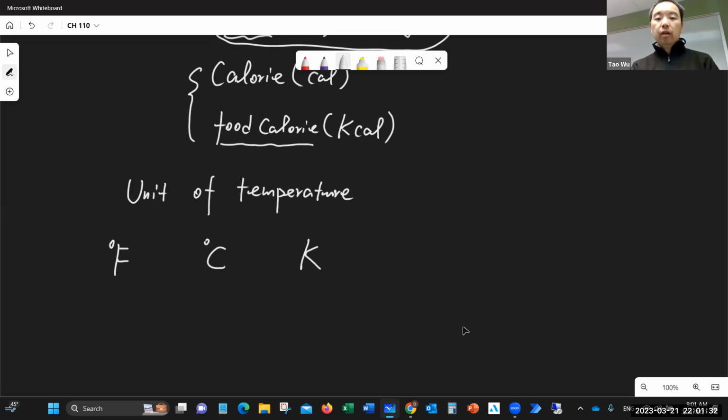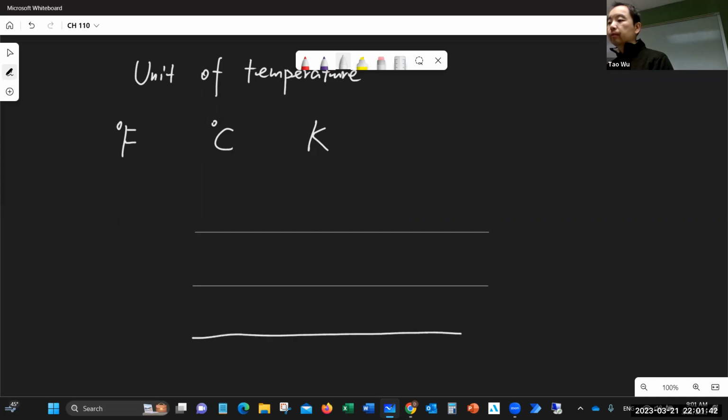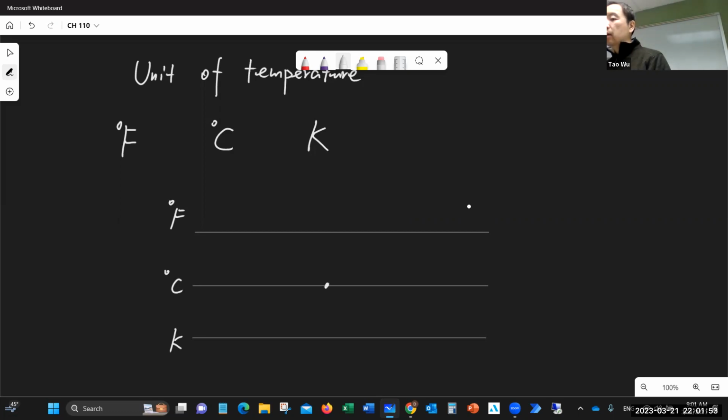If you're talking about the conversion, let me just draw three lines, then you will probably know it. This one is Fahrenheit, Celsius, and Kelvin over here. Let's first see Celsius. 0 Celsius is the freezing point of water, right?